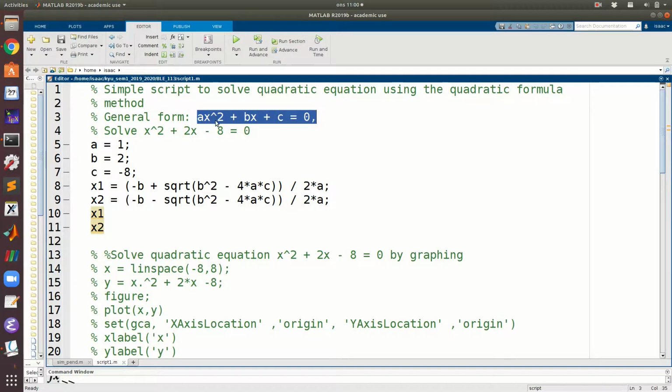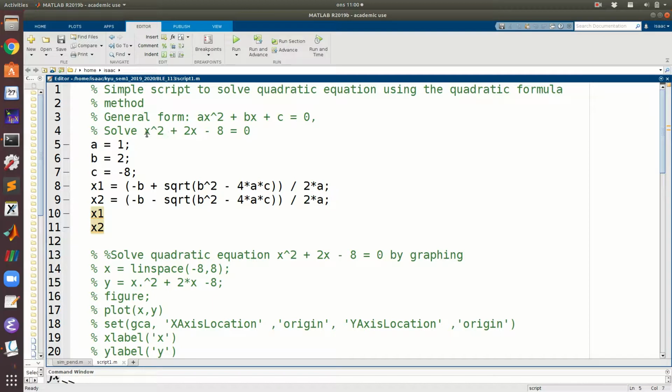Here we have the general form of the quadratic equation: x squared plus bx plus c equals 0. If we want to solve it by graphing, let's pick the equation x squared plus 2x minus 8 equals 0. All we need to do, like you'll see in the resource book, is create a simple table with values of x and values of x squared plus 2x minus 8.